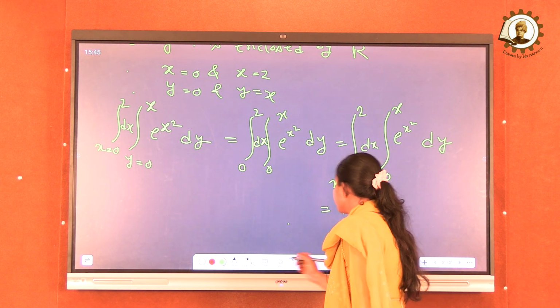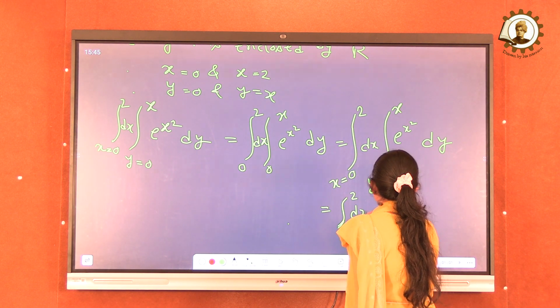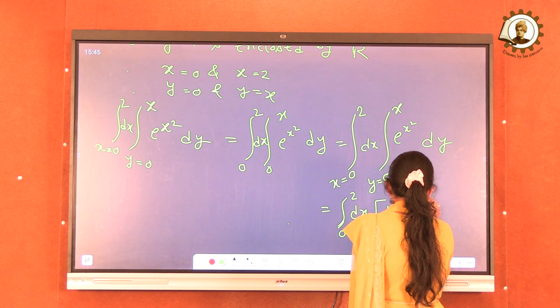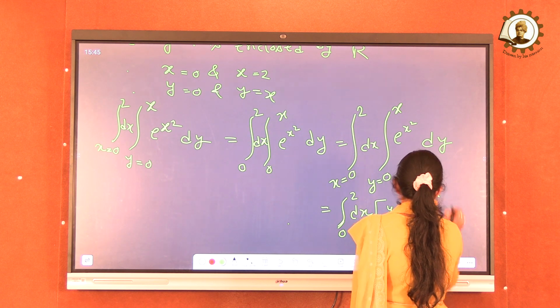So the result is y e to the power x square, and the limit we substitute is 0 to x.